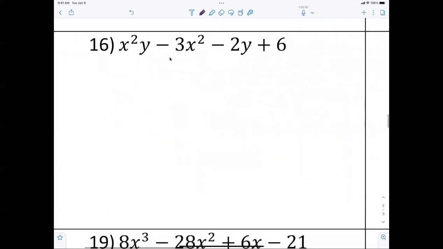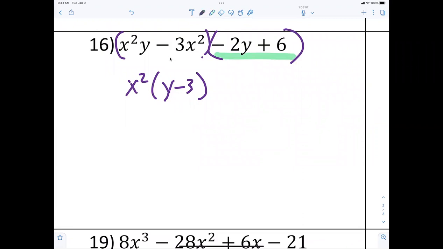All right, now look at number 16, two sets of parentheses. What's common in the first? X squared. What's left behind? Say it. Y minus. Yes, I'm sorry, I didn't hear you. And then what's common over here? Say it again, Nora.